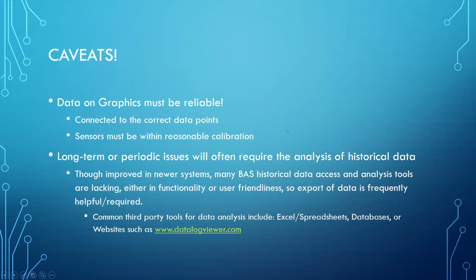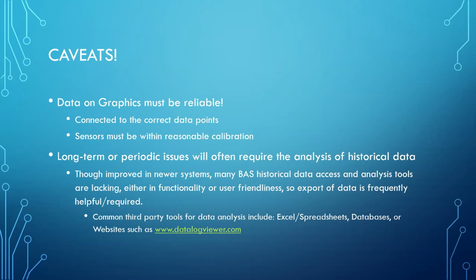So there are some quick caveats to this. You really need to know that your system is reliable. You cannot necessarily trust the building control system unequivocally. It has to be evaluated on a regular basis. And this is a high level function.